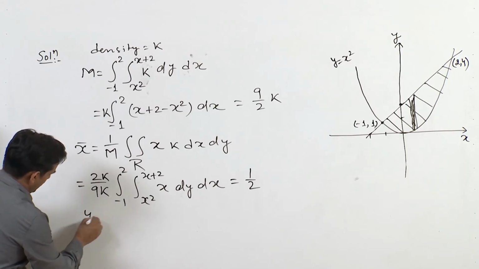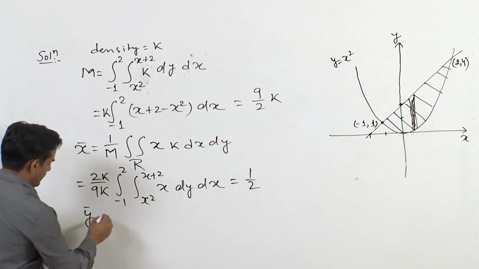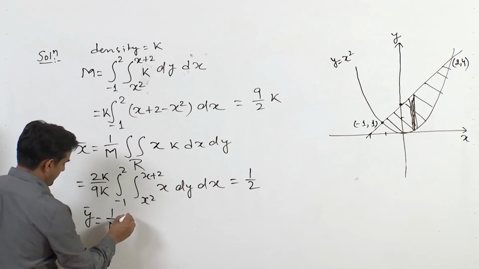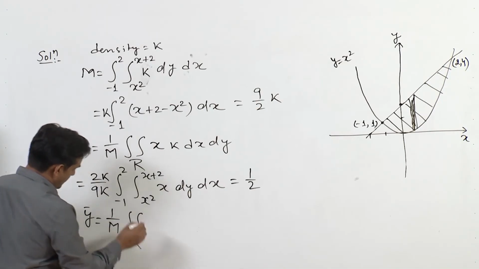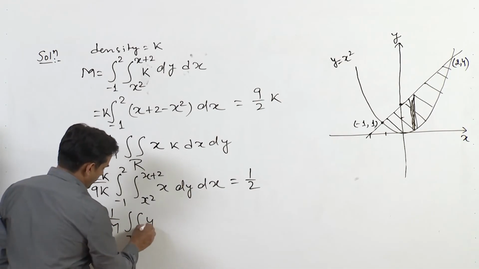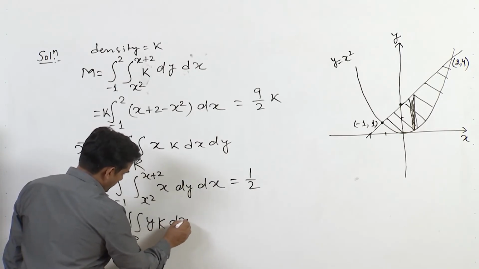Similarly, y bar is given by 1 by m integral over region R y k dx dy.